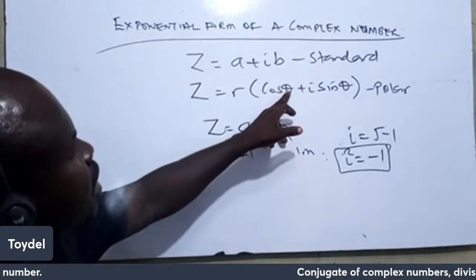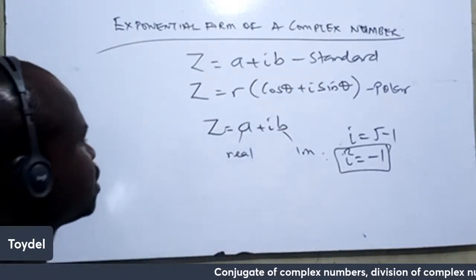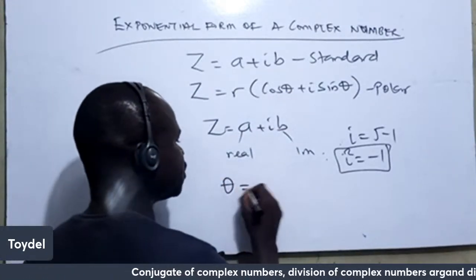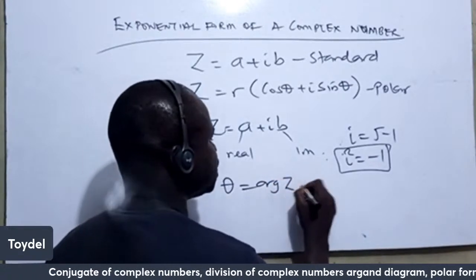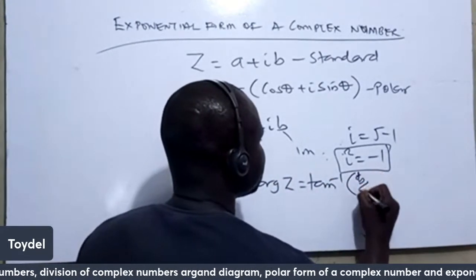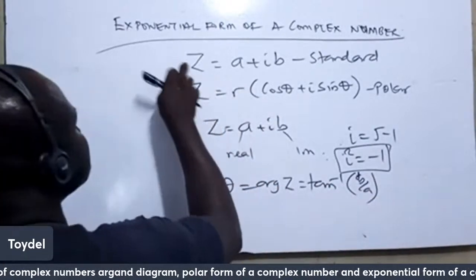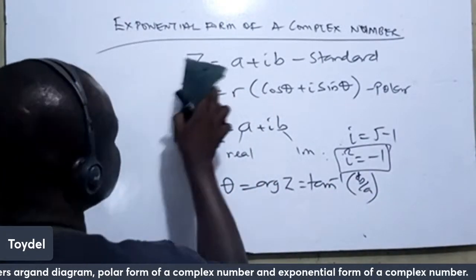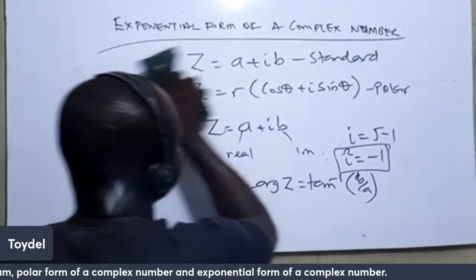Theta is called the argument, arg of z, and it's given as arctan b all over a. So we have done these two forms of complex number.